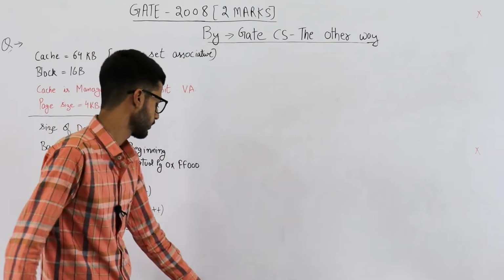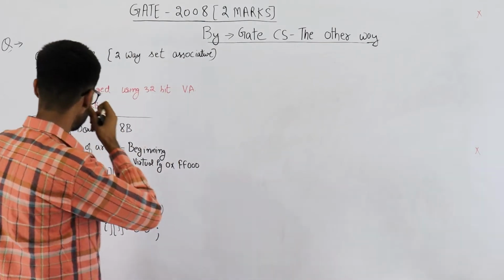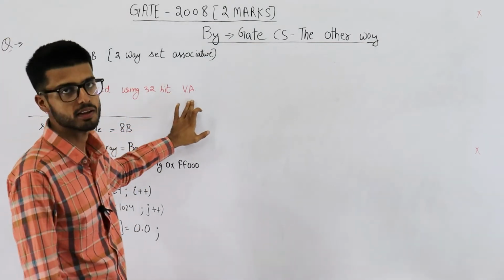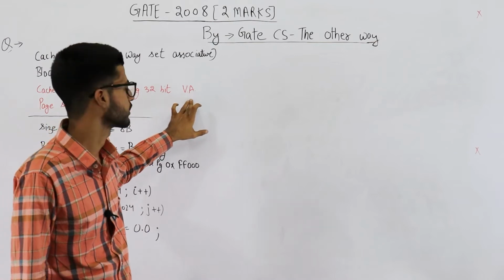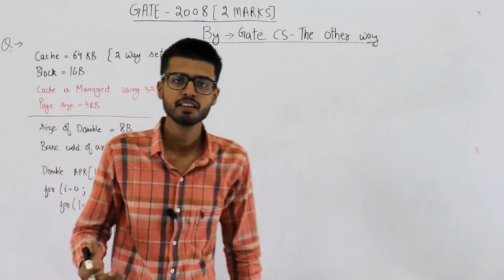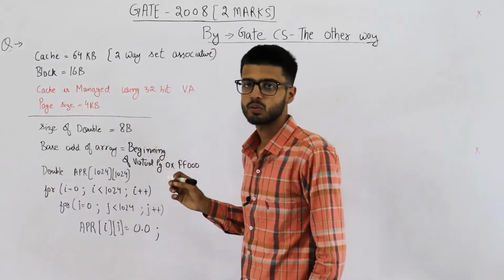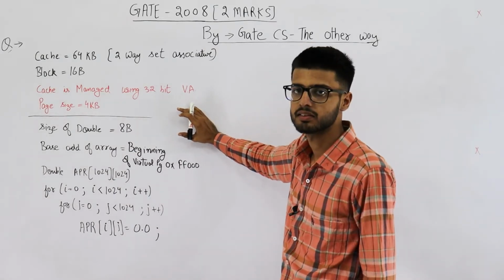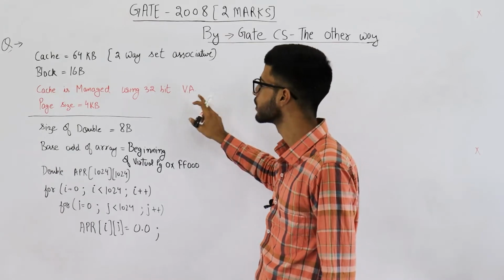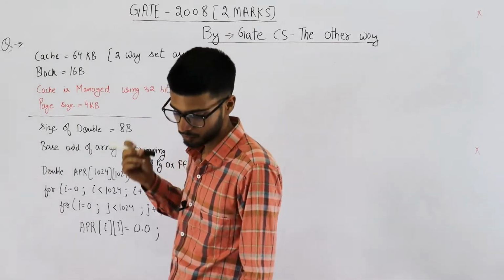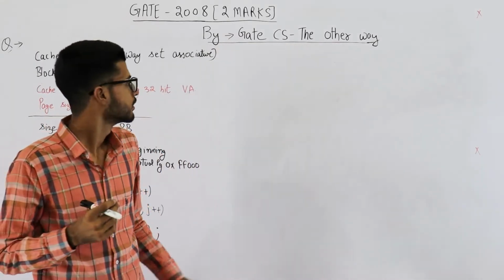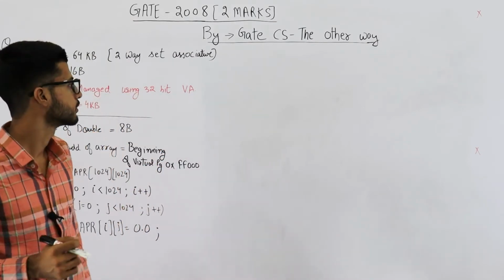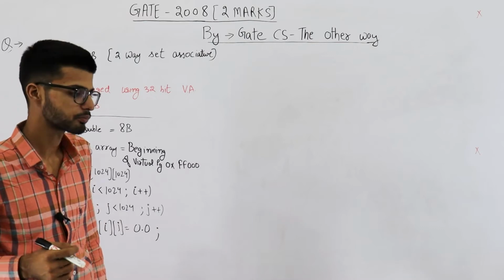Just see, they've given that the cache is managed using 32-bit virtual address. This seems interesting. Generally, in CAO questions related to cache mapping techniques, what they give is the physical address. That means this one has to be a virtually indexed cache.